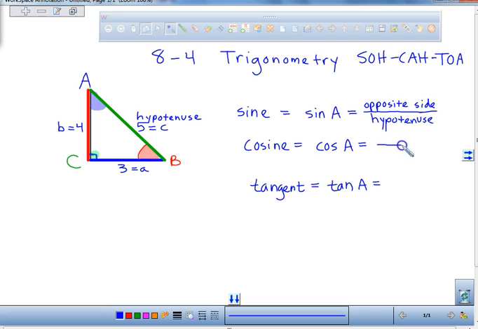For the cosine of A, I want you to write this word, adjacent side, in relationship to the hypotenuse. And for tangent, what I'd like you to write is the opposite side in relationship to the adjacent.